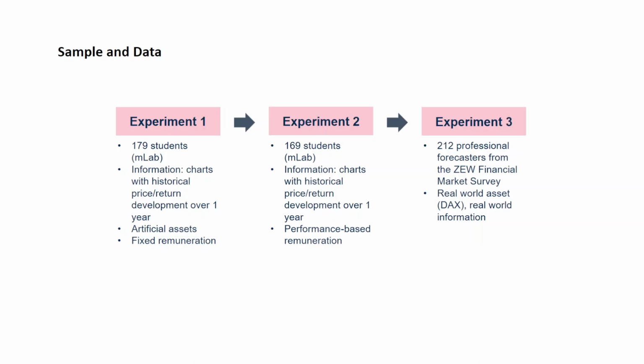However, in experiment 3, they had a real life experiment. In this experiment, they asked 212 professionals, people who make a living out of their expectations. They are financial advisors or CFOs, people who are faced every day with decisions to allocate their assets in portfolios.